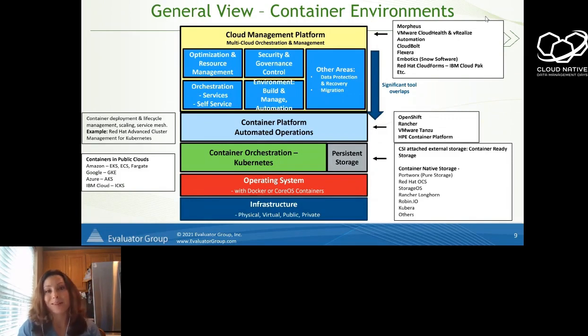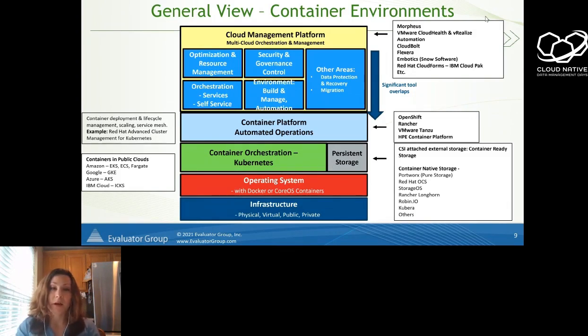But naturally, Kubernetes does have to sit on some infrastructure, of course. That can be on-prem, it can be in the cloud, it can be virtualized, it can be bare metal. And then, of course, the operating system as well. So what I think is also important for our conversation when we think about data is also what sits on top of Kubernetes.